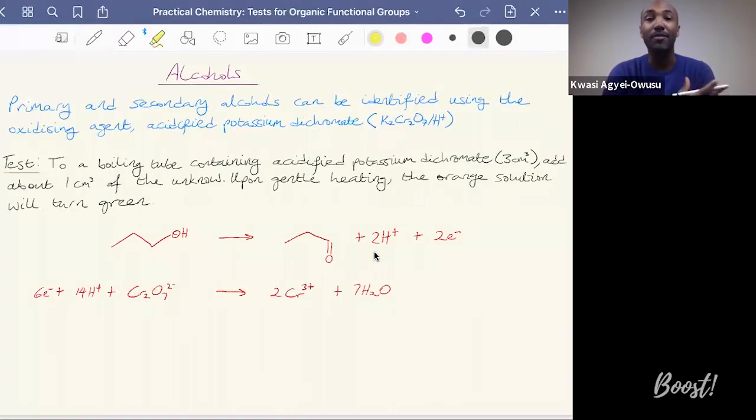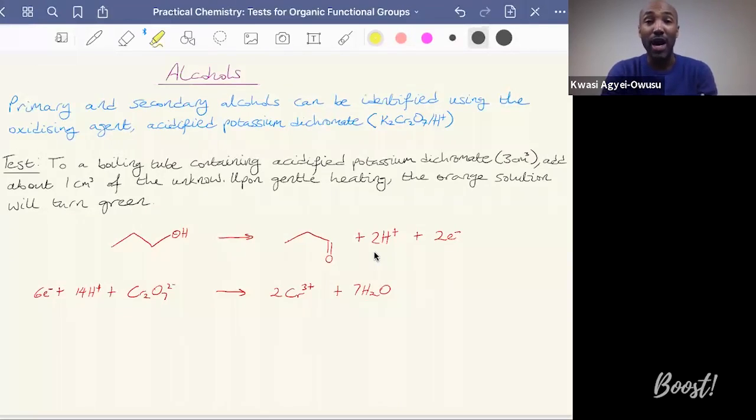Okay, so oxidation, especially with reagents that contain transition metal ions, will undergo a color change to indicate the change in oxidation state. So if we choose to use acidified dichromate, which is our oxidizing agent of choice, your dichromate contains chromium ions in the +6 oxidation state.